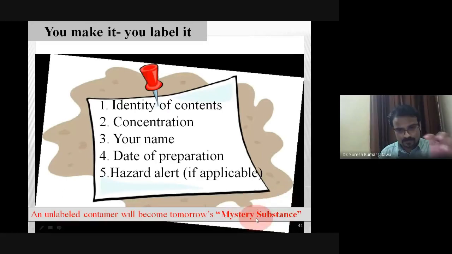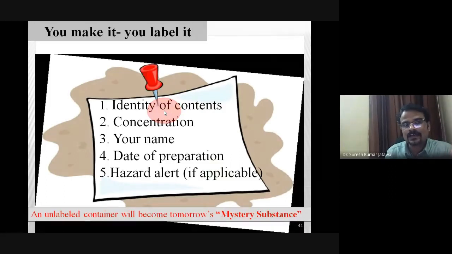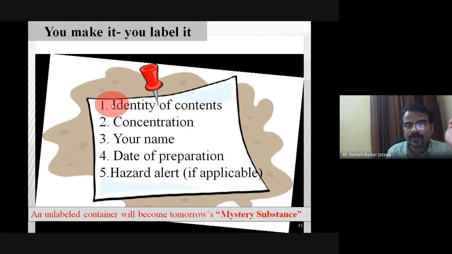So reduce this type of confusion. Always develop a good habit: if you have made it, please label it. What do you have to label? Identity of the contents, concentration, your name, date of preparation, and hazard alert, if applicable.